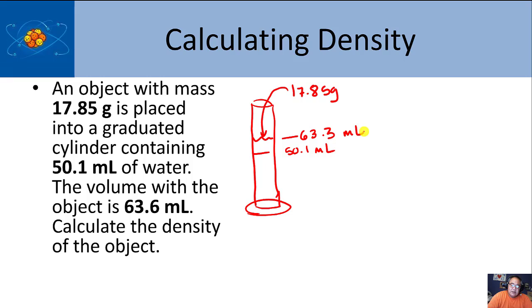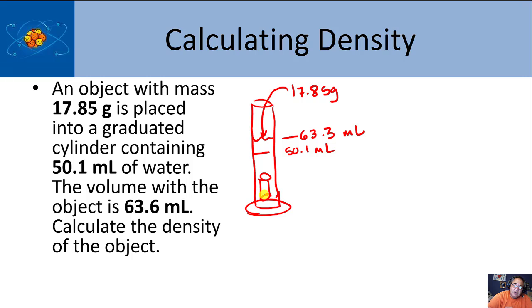Now, you have two volumes and one mass. Why did the volume go up like that? The answer is because the object, let's say it's a cylinder, displaced water when you put it in there, and that's what created the difference in volume.